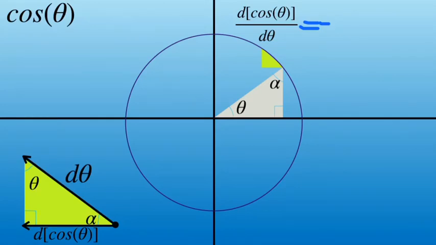So negative opposite over hypotenuse relative to theta, well, what's that? It's negative sine of theta. That's right. The derivative of cosine of theta with respect to theta is negative sine of theta. Cool, isn't it?